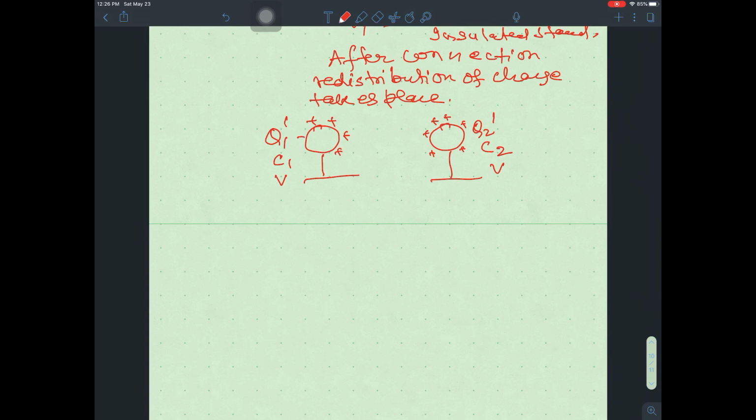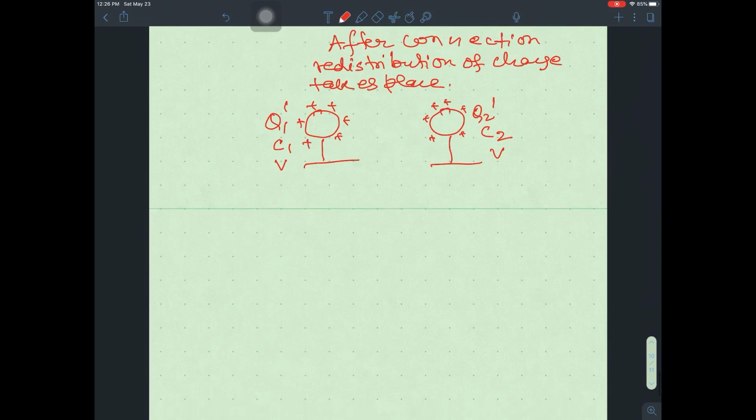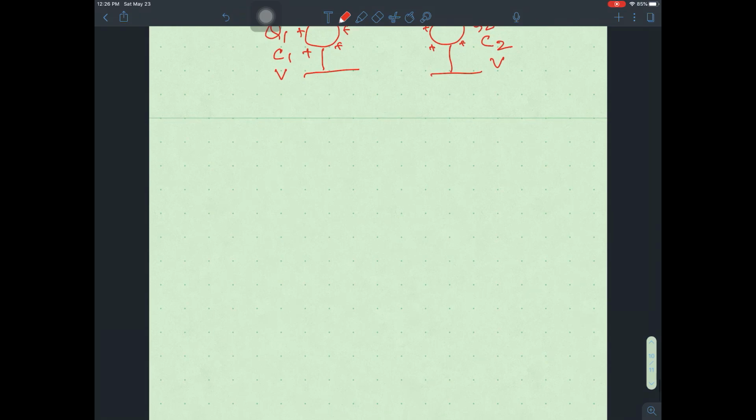In the same way, they acquire the common potential. So we want to find the expression for the common potential.